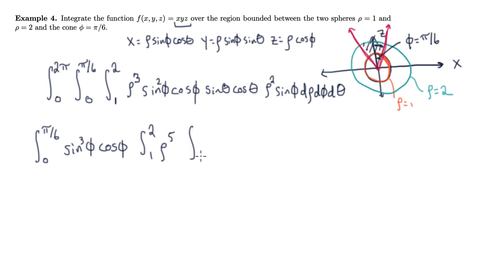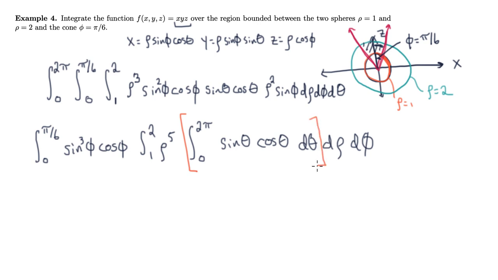And then I'll put my theta integral front and center. Sine theta, cosine theta. And then what do we have? I'm doing theta first, then rho, then phi. Okay, so why did I do this? Well, I'm doing this integral first.